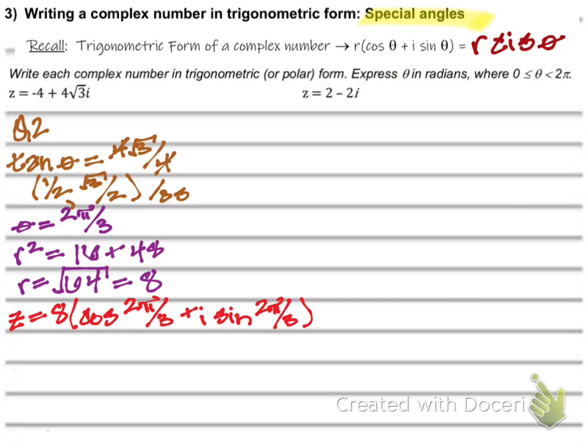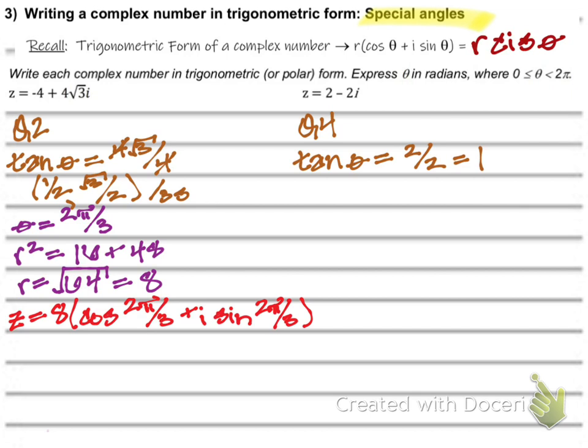Looking at the next one, I have positive, negative, so that must mean that we are in quadrant 4, right? And we know that the tangent of theta is 2 over 2. Again, I'm not using the negative. I could, right? But since we're using the unit circle and I've already identified that we're in quadrant 4, I feel okay about it. 2 over 2 is 1.